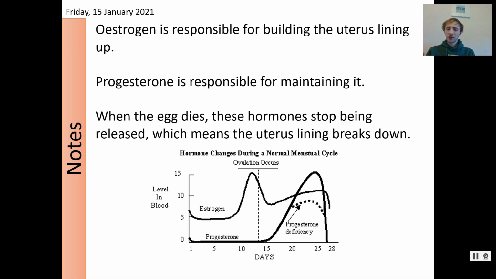Okay? So you have to have them work together. Estrogen and progesterone work together to first grow the lining, and then maintain that growth. If you just have estrogen, you'll grow the lining and then lose it. If you just have progesterone, the lining will be maintained, but you won't grow any more. So you've got to have both to grow the lining.